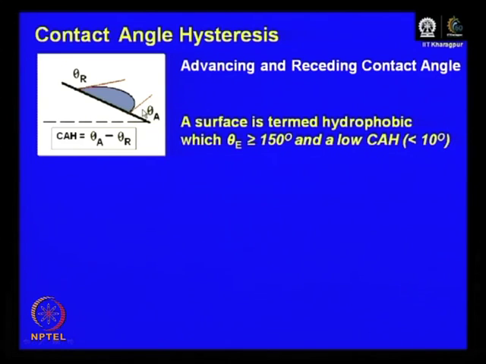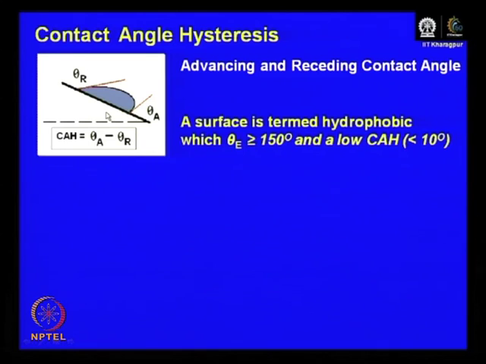This is known as the advancing contact angle, theta a, and on the other side, as it comes down, this is known as the receding contact angle, theta r. The difference between theta a and theta r at the critical condition when the drop starts to move is known as the contact angle hysteresis.